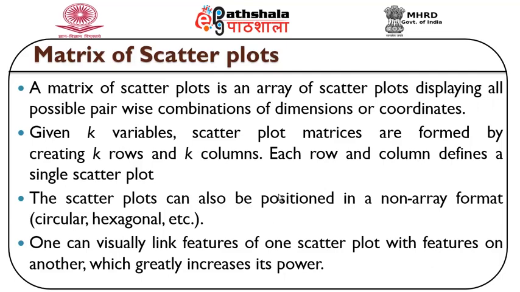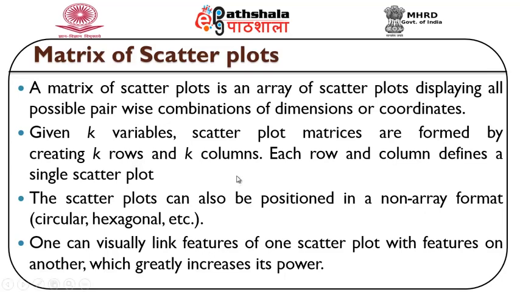The next visualization is a matrix of scatter plots. A matrix of scatter plots is an array of scatter plots which display all possible pairwise combinations of dimensions or coordinates. Given k variables, the scatter plot matrix is formed by creating k rows and k columns. Each row and column defines a single scatter plot.